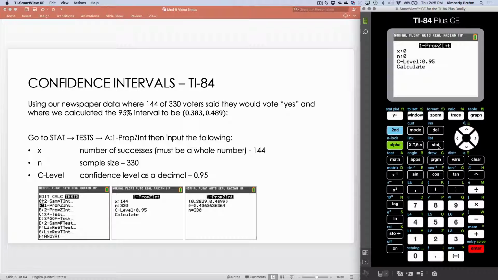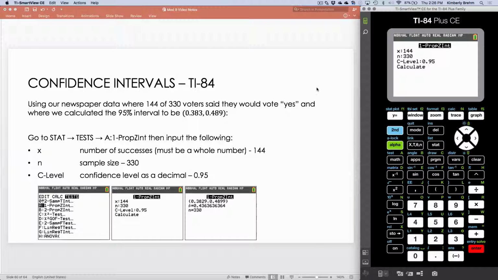Now again, I have the TI-84, so it gives me this cute little menu where it tells me exactly what to put in. If you have the TI-83, you just have to remember the order that you put them in. So X is the number of successes. In my case, I got 144. N is the number of trials, which was 330, or sample size.